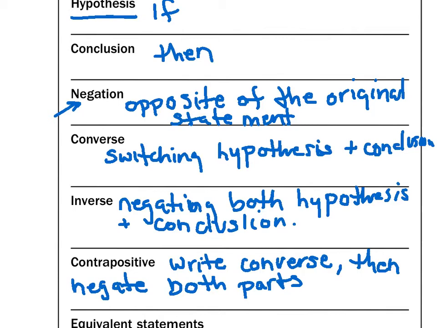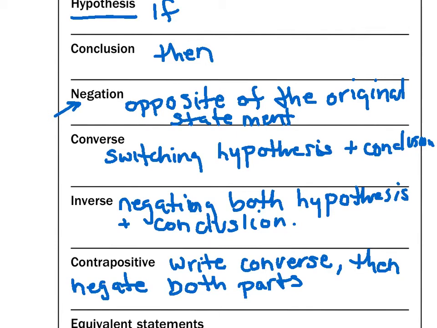I always write these four in order. So I always start with the conditional statement, and then I do the converse. I write it opposite, and then I write the inverse.